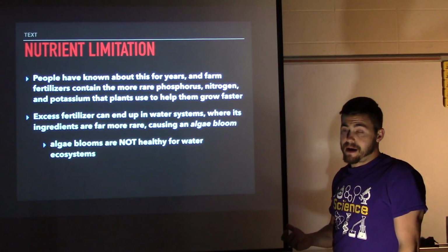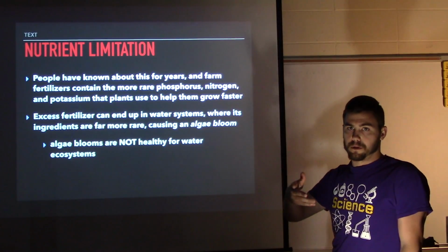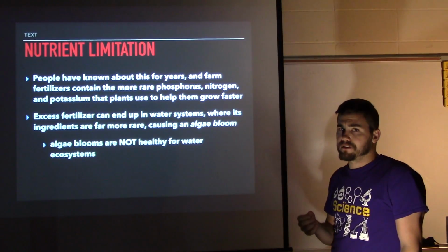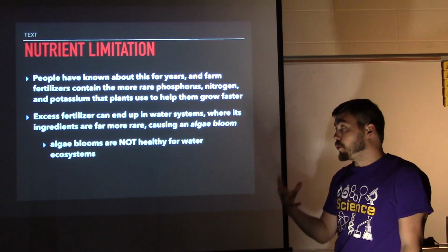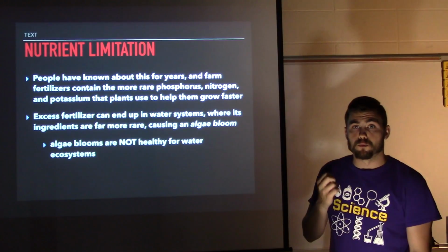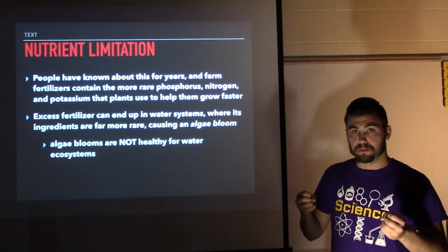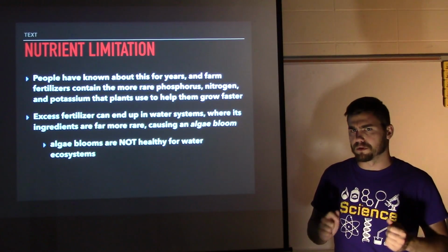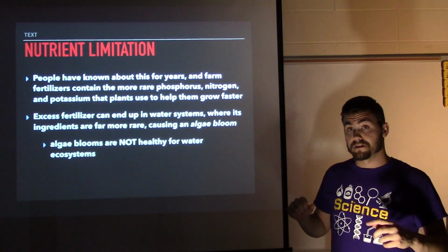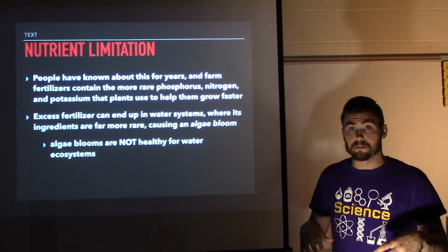Well, then what ends up happening is the plants die naturally. It's part of what goes on. Well, then bacteria and things gorge on the plants. And I think in one lecture I told you how rapidly bacteria can multiply through binary fission. It's incredible. Very quickly, all of this excess algae is consumed and decomposed.